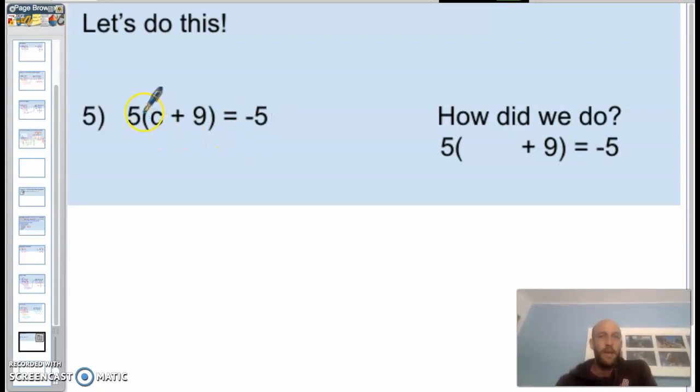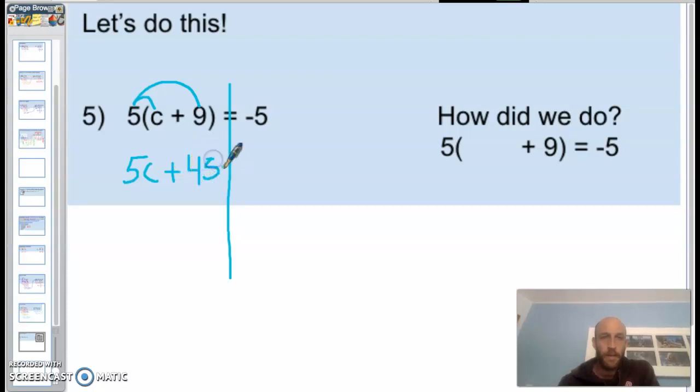All right, so let's first distribute 5 times c, 5 times 9. So 5 times c is just 5c plus 5 times 9 is 45 equals negative 5.